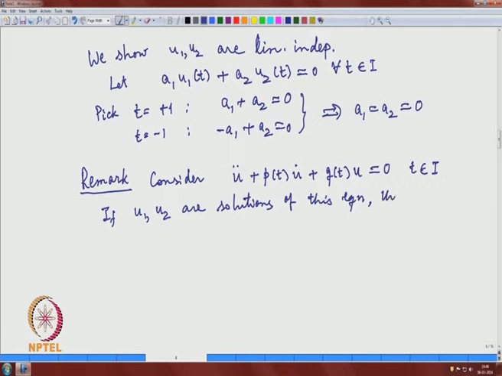then their Wronskian of u1, u2 at any t, okay. Their Wronskian, that is a function, is either identically 0 or never 0.